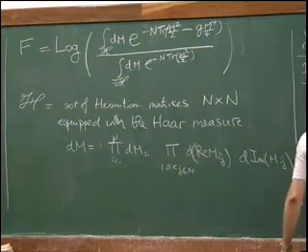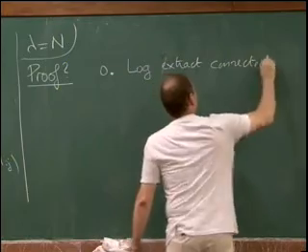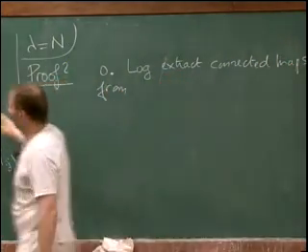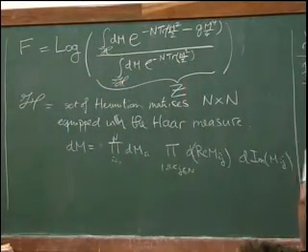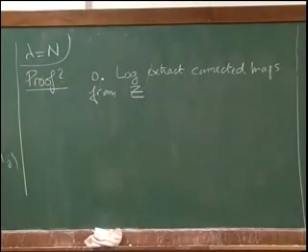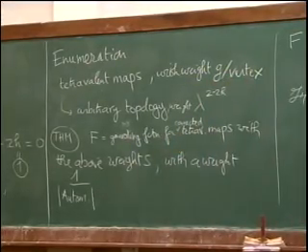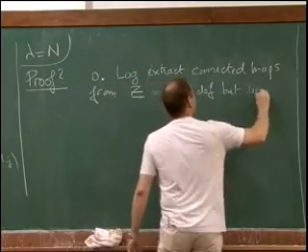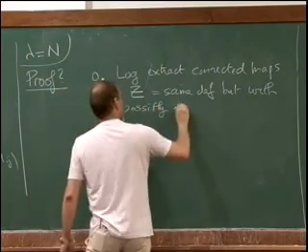The log extracts connected maps from what's inside here, which I could call Z. Meaning that Z is an analogous generating function, but for not necessarily connected maps. So Z equals the same definition, but with possibly disconnected maps.